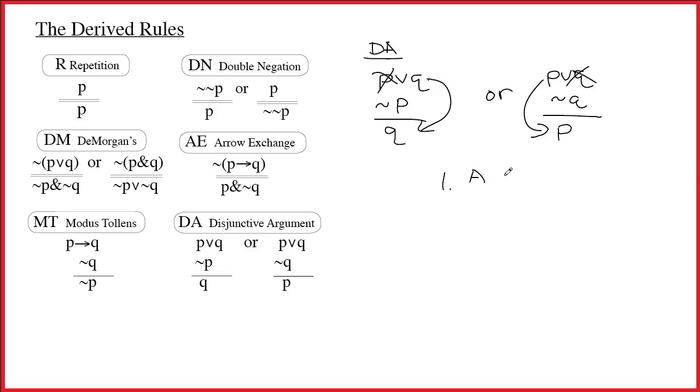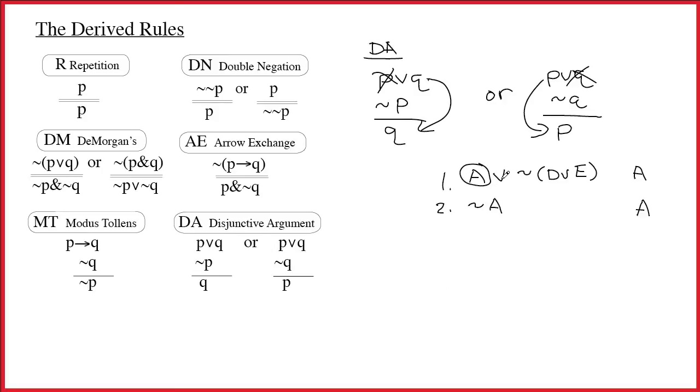You see on a line that it says A or tilde D wedge E. And then on line 2, you've got tilde A. Do these two lines go together so that you can use disjunctive argument? Yes, they absolutely do.